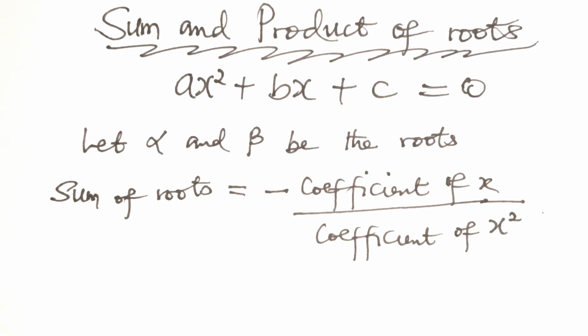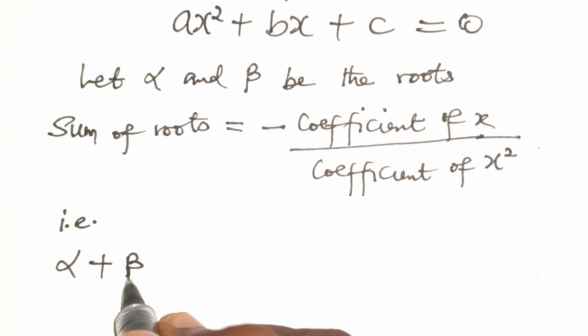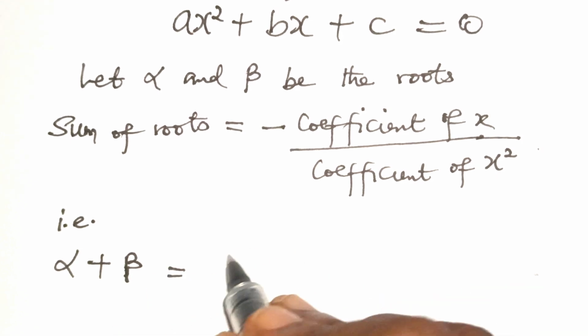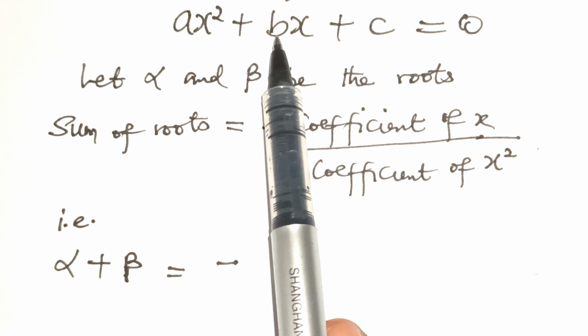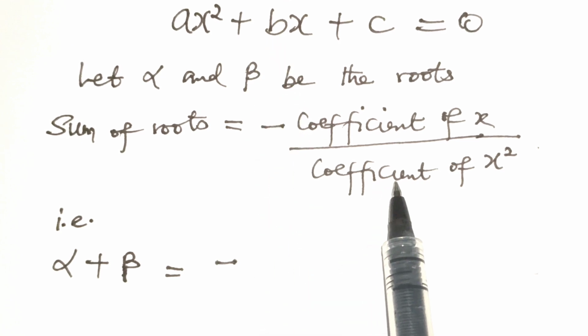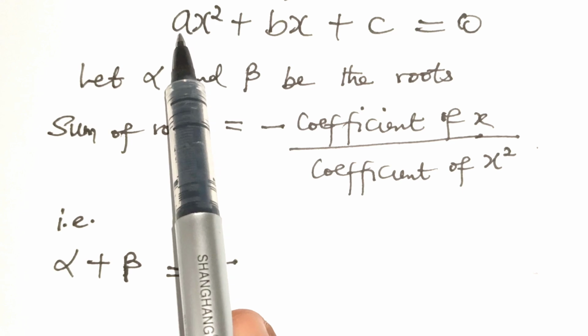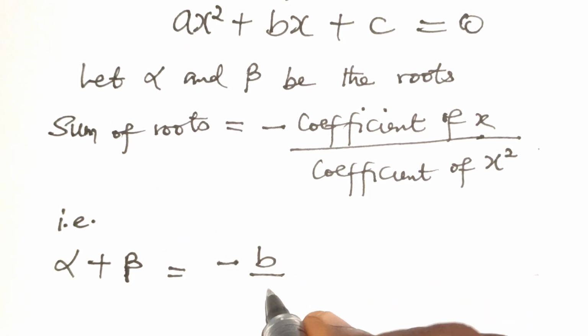So that is alpha plus beta is equal to minus the coefficient of x in the equation, which is b, while the coefficient of x squared is a. So we'll have minus b over a.